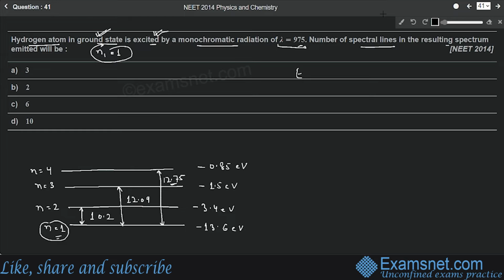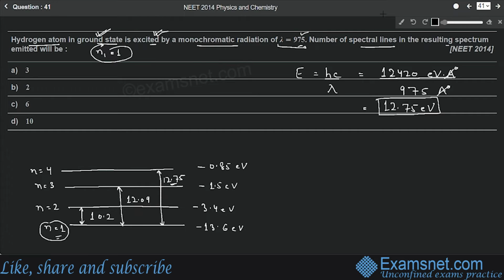We know the formula E equals to hc by lambda. Now the value of hc is equal to 12420 electron volt angstrom, and here the value of lambda is given 975 angstrom. On solving this we'll get 12.75 electron volt. So this much energy is required.